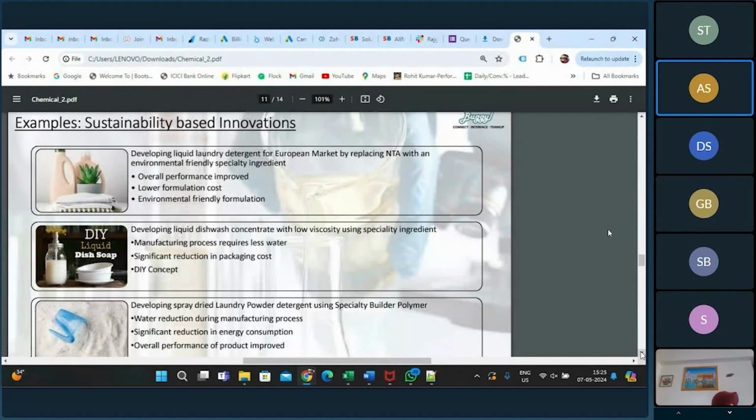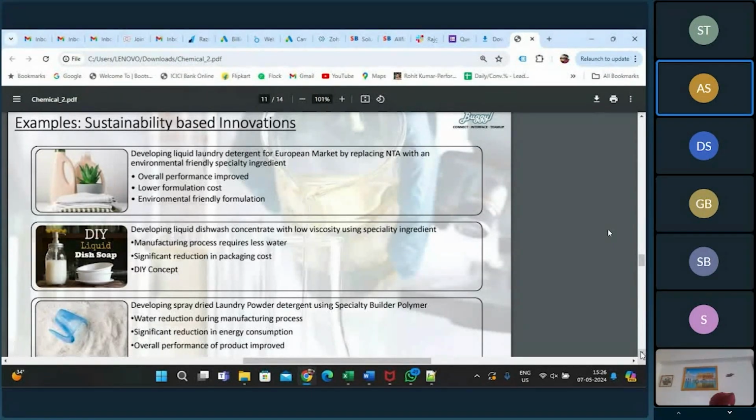So here the role of specialty ingredient came into the picture. We were able to research and find out one specialty ingredient. I was at Diversey at that time. So one article that we identified from BASF replaced NTA.